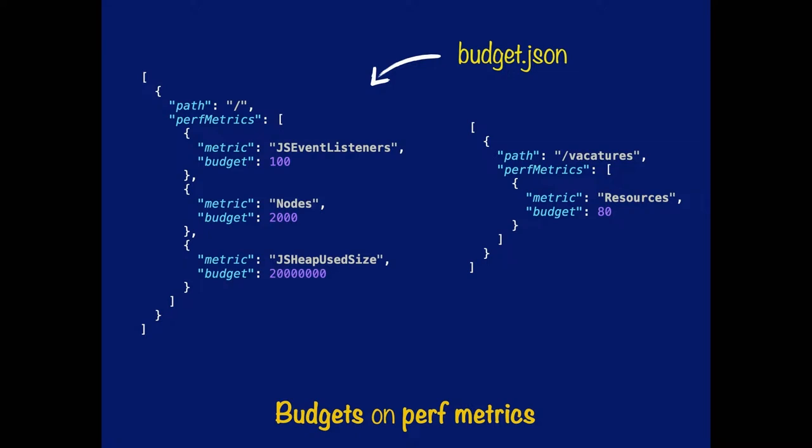In this case, for the home page, I'm adding the metrics of number of JavaScript event listeners on the page. It shouldn't be more than 100. And in another, the number of DOM nodes, it shouldn't be more than 200, actually. My heap size, memory heap size, shouldn't be more than the budget.